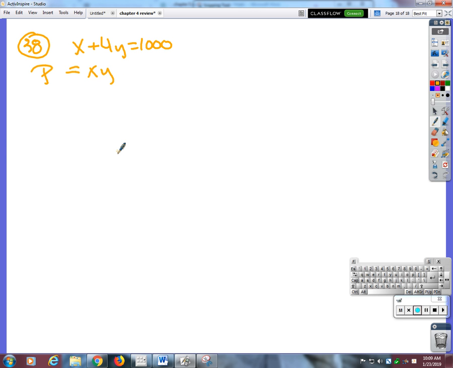Okay. So find two numbers where the sum of the first number and 4 times the second number is 1,000. That's the first thing I've written there. And then we want the product to be as big as possible. So we're going to take the top one and solve it, I would assume, for x. So that means this becomes 1,000 minus 4y times y, which is 1,000y minus 4y squared.